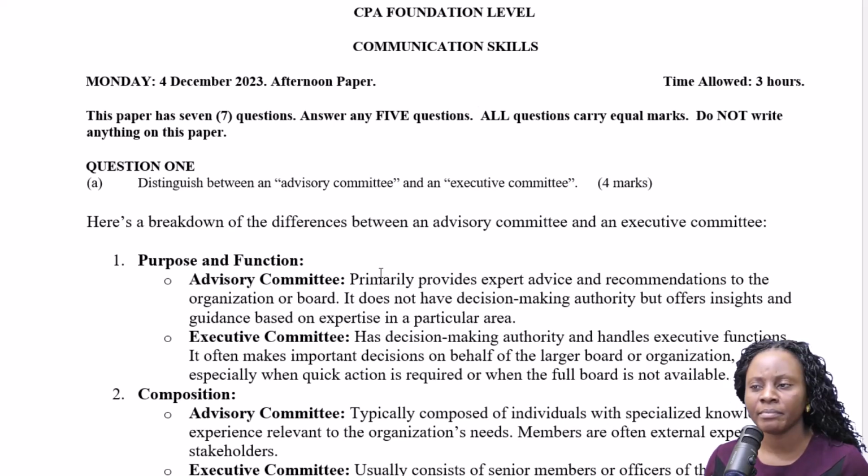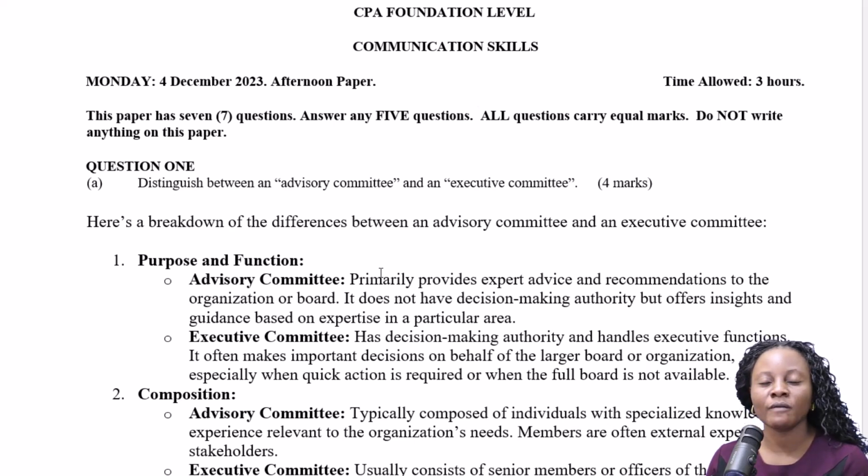Both of them are people who work in an organization. From the word itself, when you talk of an advisory committee, we refer to a committee made up of a group of people with special expertise in a certain area who can give you advice in different areas whenever needed. That is why they're called an advisory committee.